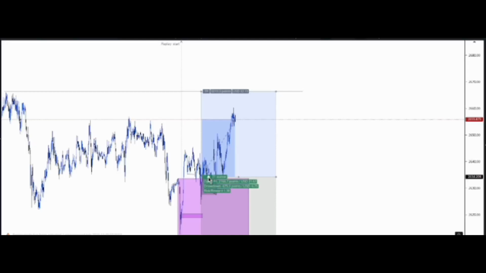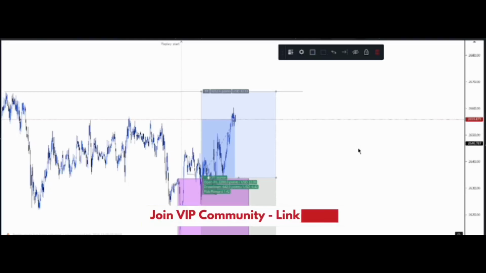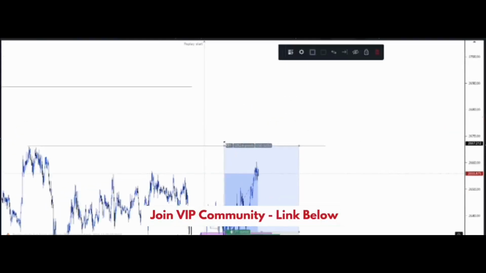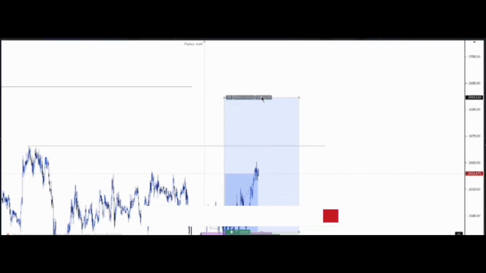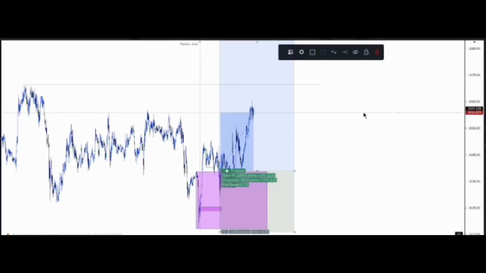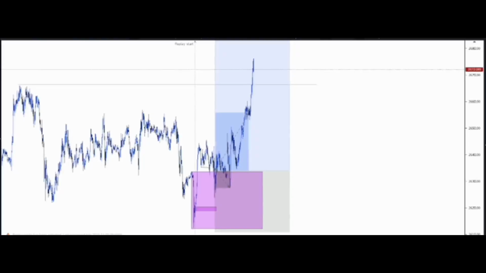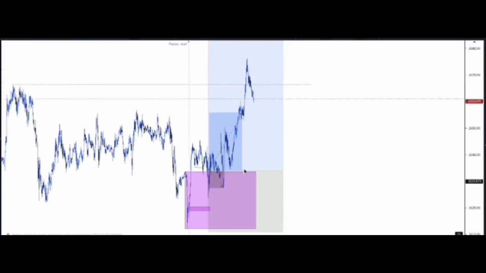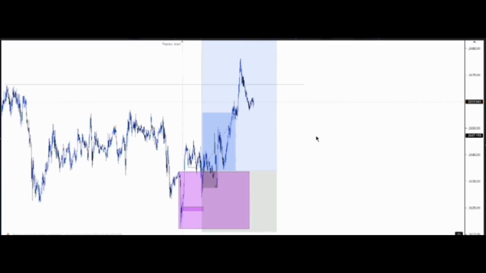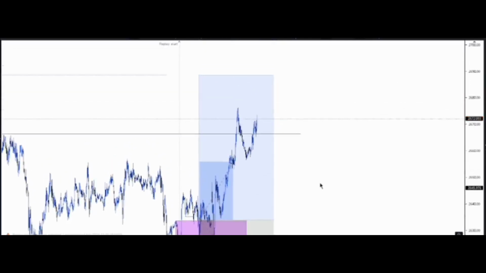That will give us 1.42, and then our second TP will be here, and that will give us 2.39. So let's continue to advance price and see what happens. First target has been achieved.